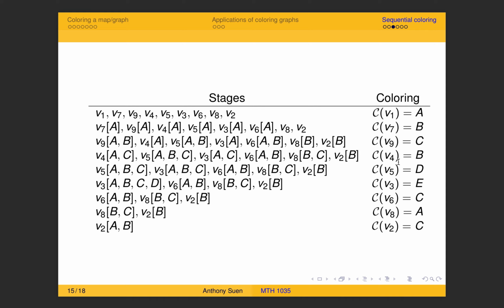That means we just need 5 different time slots for the exam schedules. If we didn't know anything about sequential coloring, we might simply use 9 different colors. But now we know this method, we can use 5 colors, so we reduce the number by 4.